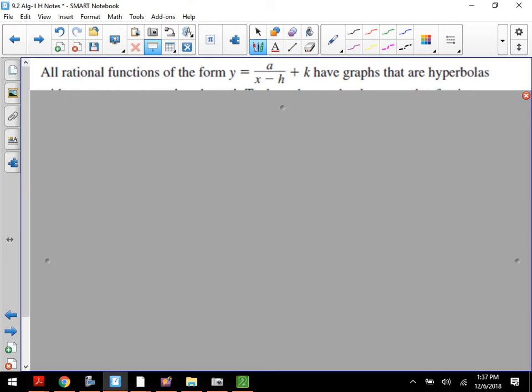One of them looks like that: y equals a over x minus h, plus k. That function means the graph will have a vertical asymptote at x equals h and a horizontal asymptote at y equals k.